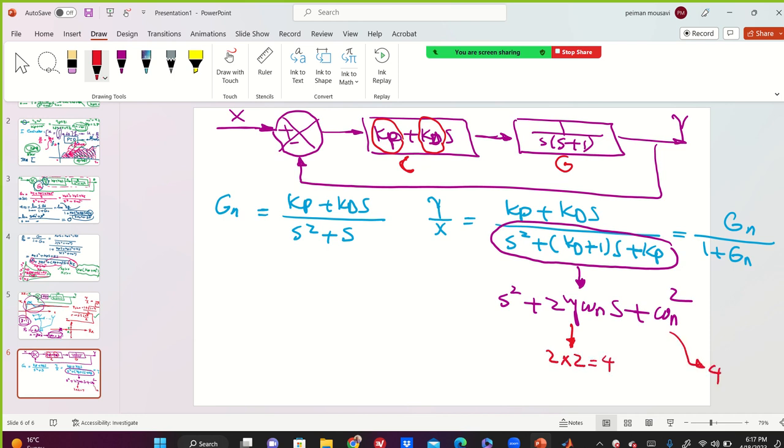This is 4. Clear, everybody? So KD plus 1 is going to be 4 and KP is going to be 4. So KD is going to be 3. So you design that. Clear, everybody?